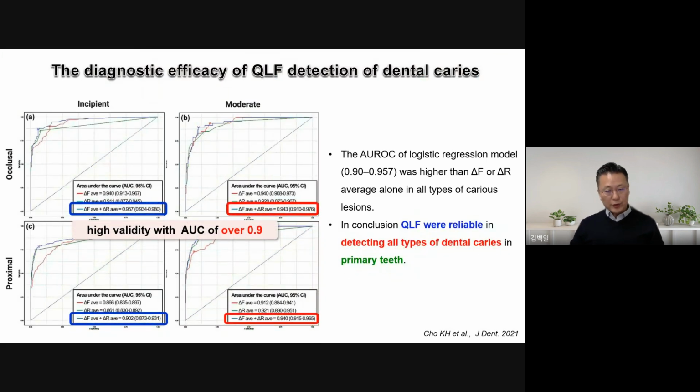According to this research, delta F, delta R, and the QS index showed high validity with an AUROC over 0.9. Therefore, the QBLISS can be effectively applied to the diagnosis of various dental caries in primary teeth as well as permanent teeth.